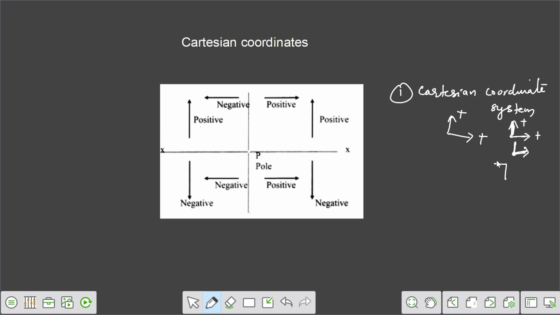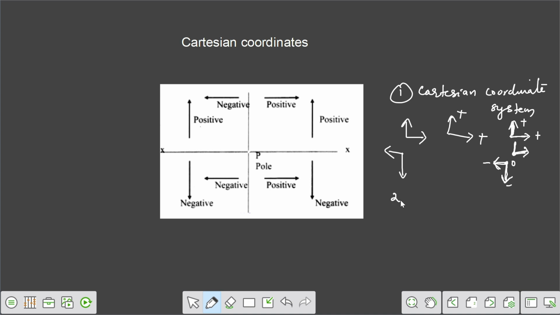Now inverted L is always negative. Distance measured to the left and distance measured below the axis, both are negative. So here you just have to remember L and inverted L. L is positive, inverted L, it's always negative. This is the one thing that you have to remember here.